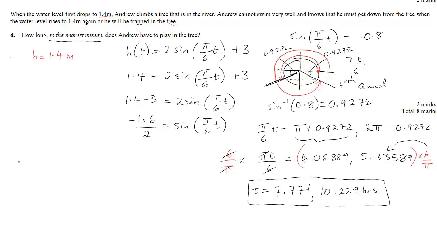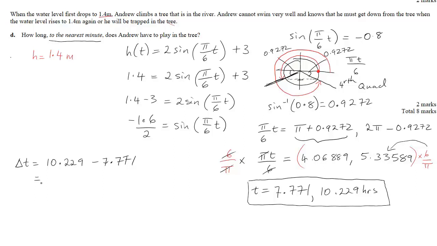So now you have to find the change in time. To find the change in time, you have to take the maximum time and subtract the minimum time. This will give you the length of time Andrew can spend in the tree.